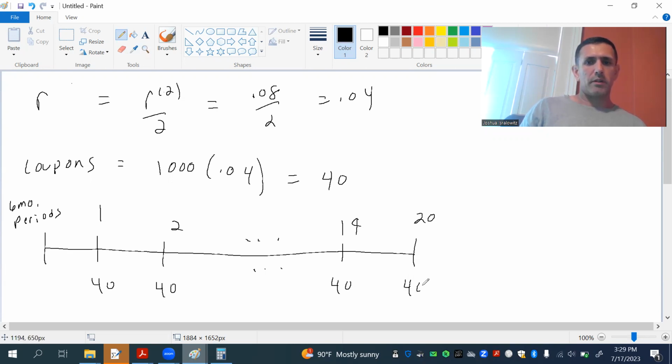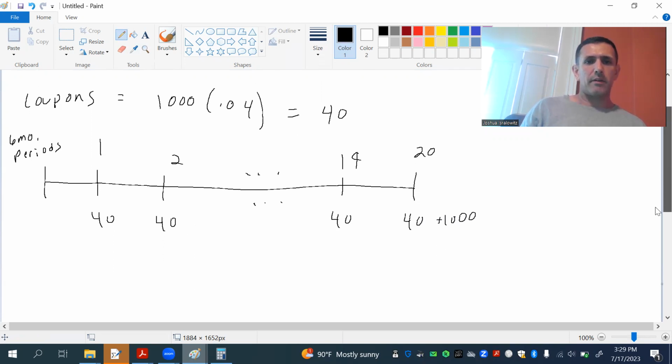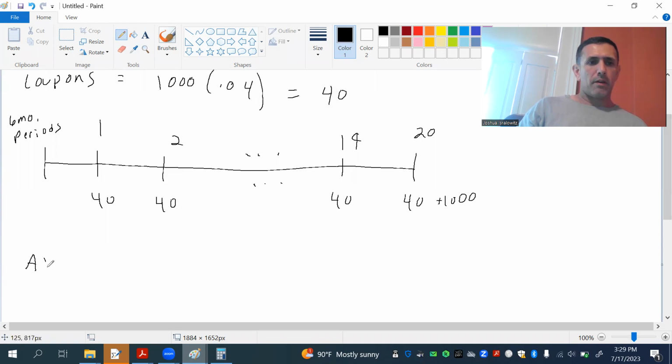These are your coupons, and you get your $1,000 back at the end. So the accumulated value of coupons plus your face value is 40 s-angle-20.